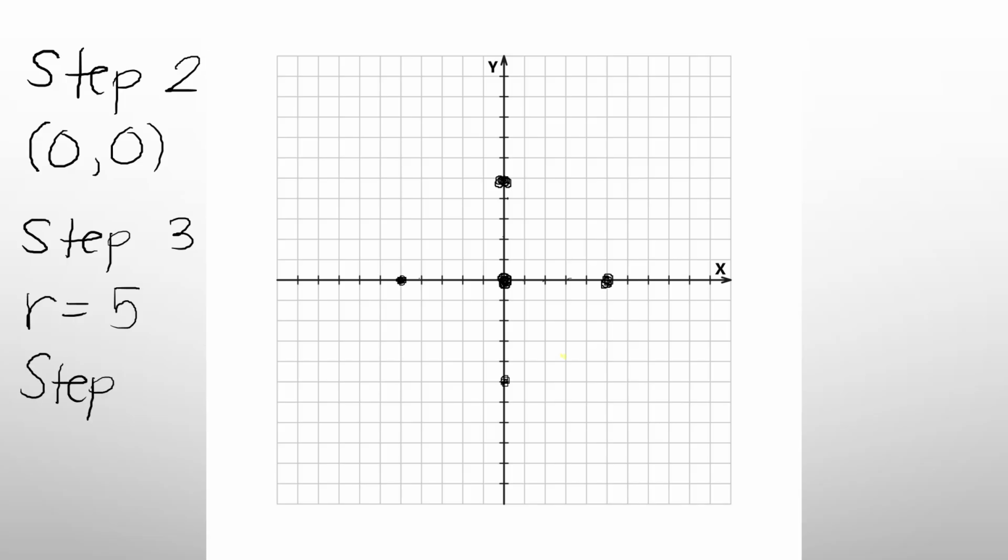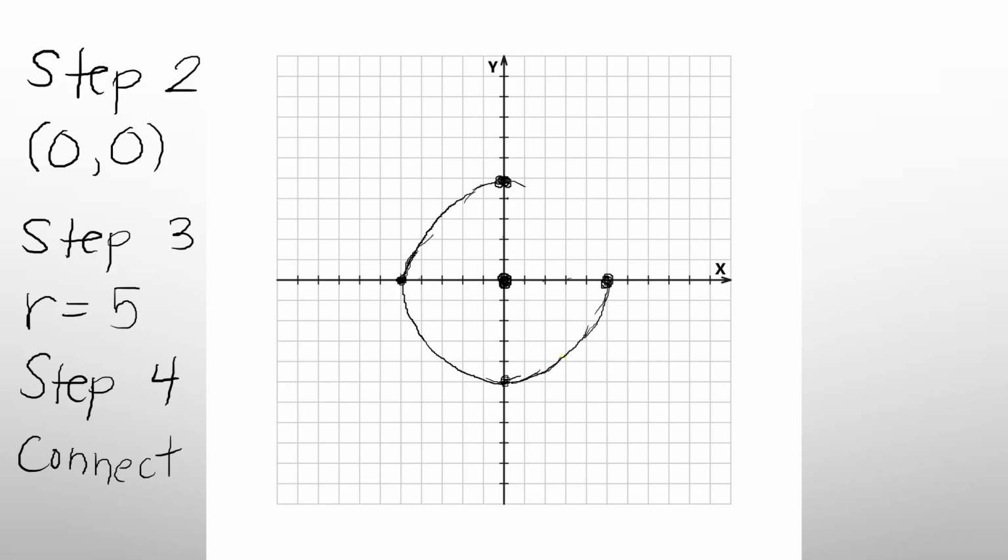Step number 4, the last step, we connect those points. Students, you may use a compass for precision. So here we connect the points, and then another one here. And here we connect the points.